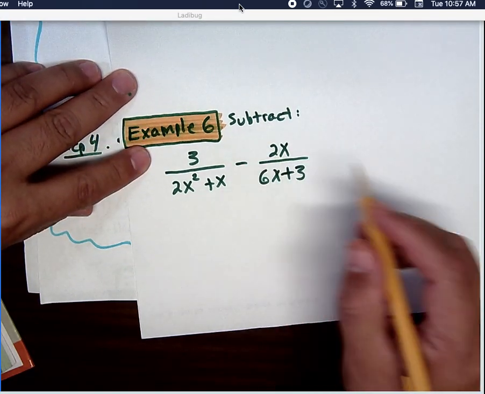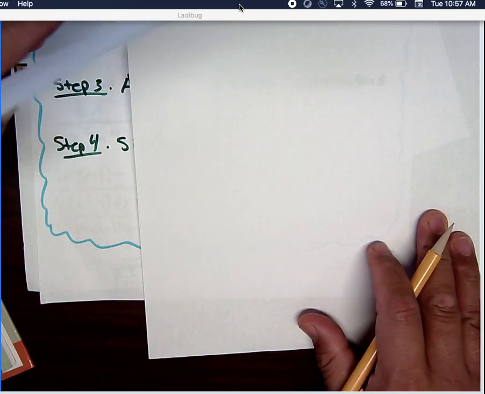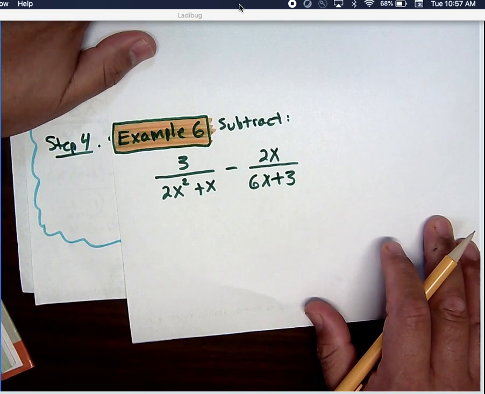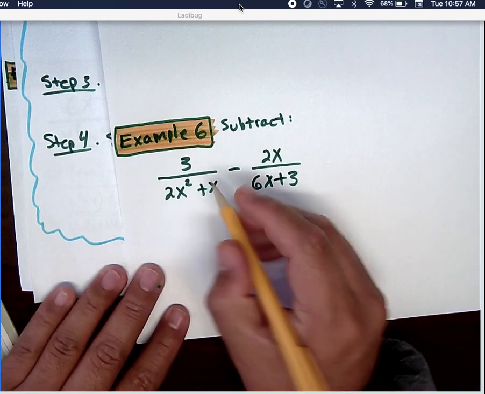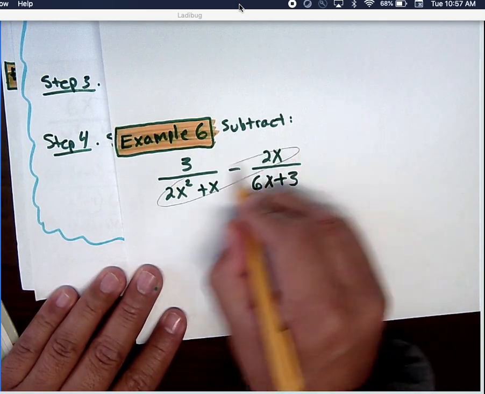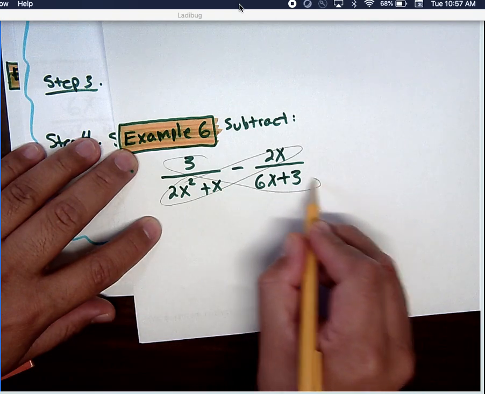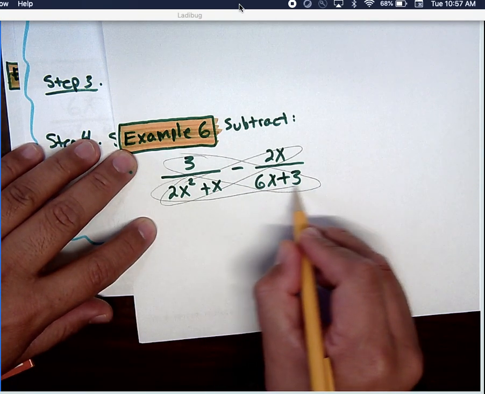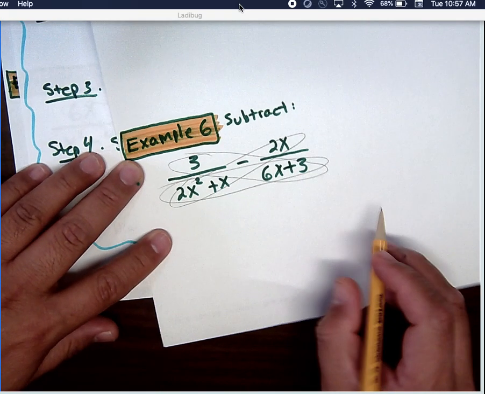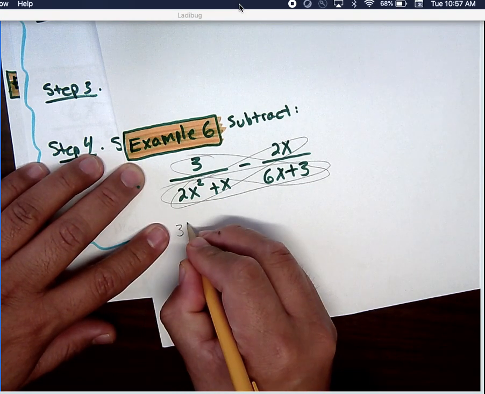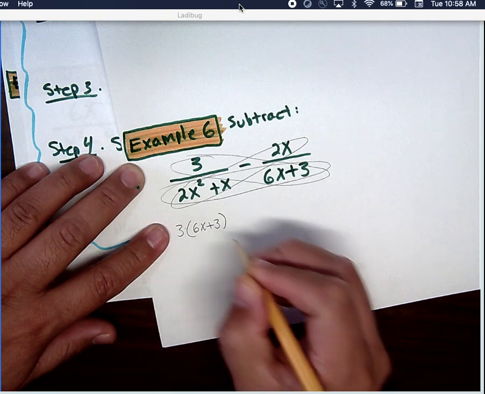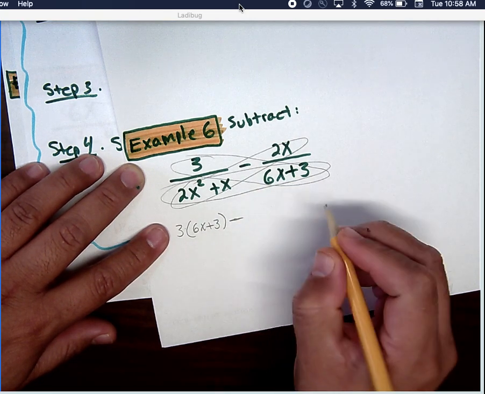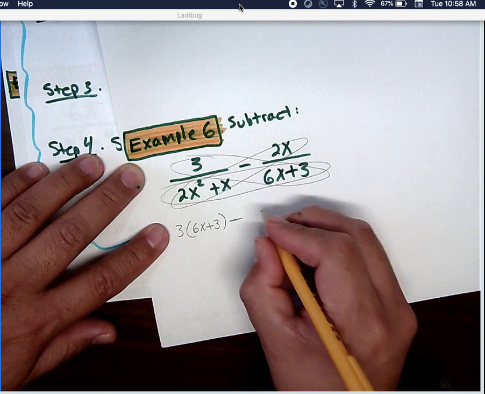So question 6. This one gets a little bit more complicated, and I'm going to skip 7. I think I'm going to stop at 6. So again, let's do this, and that. So 3 times 6x plus 3 minus all of that stuff turns out.